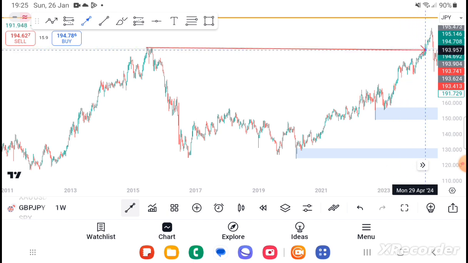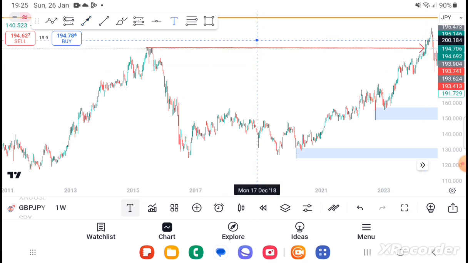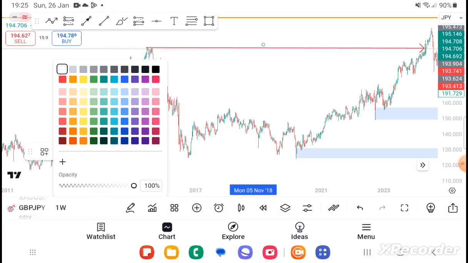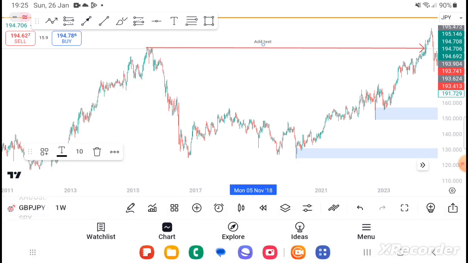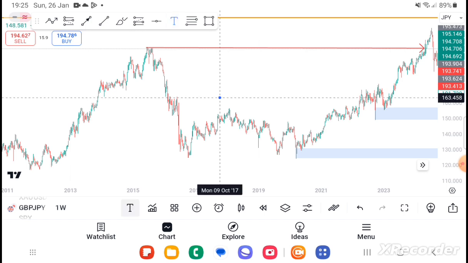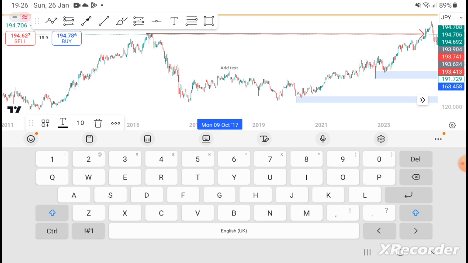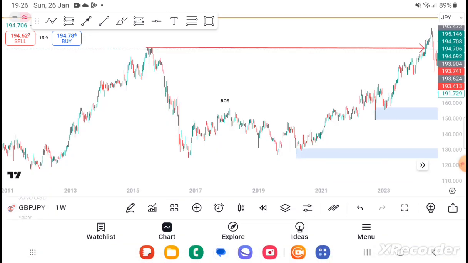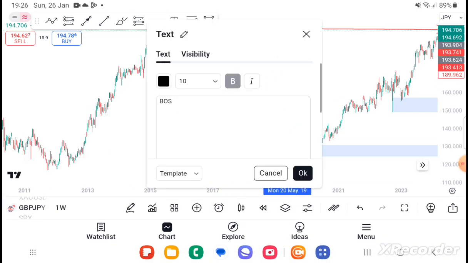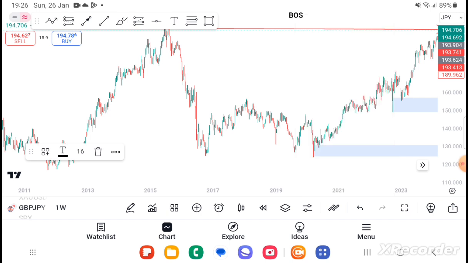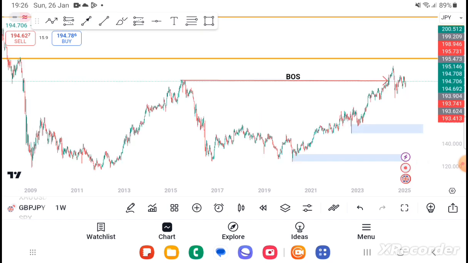So this is our break of structure. Okay, so that is our break of structure to the upside.